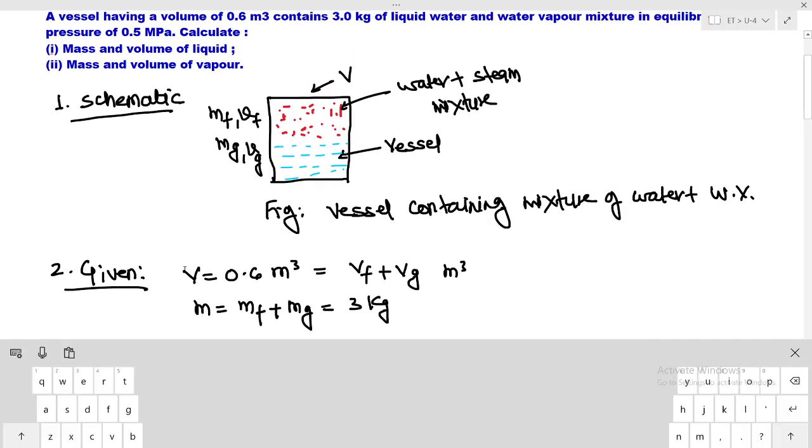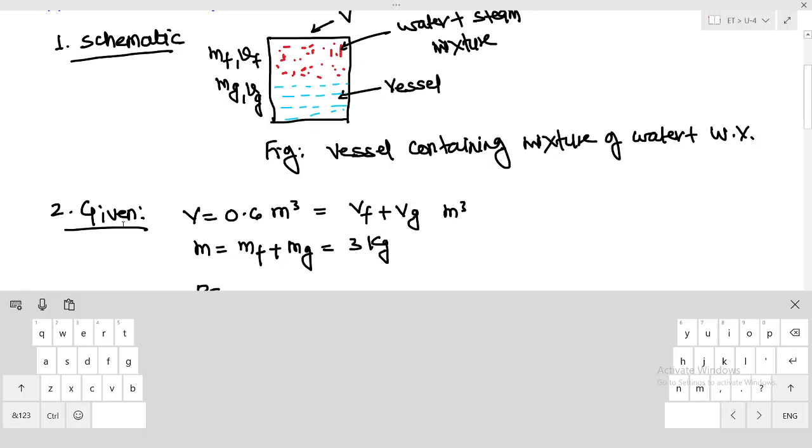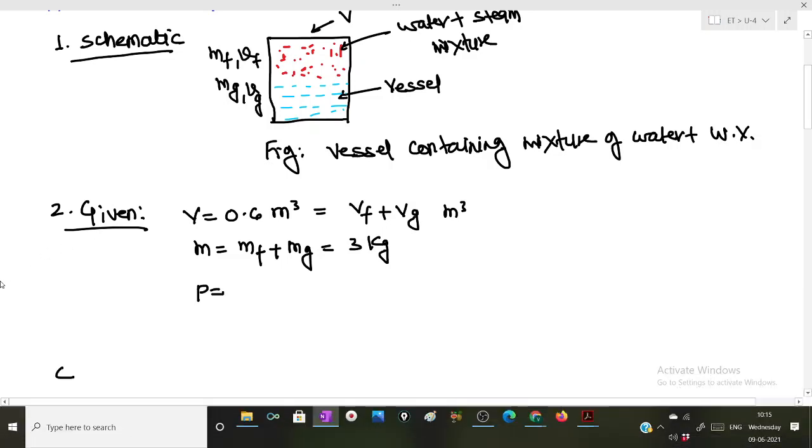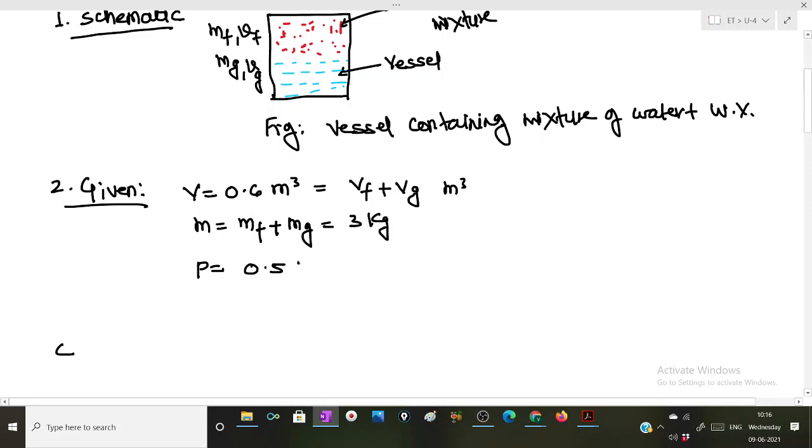Let me check what is the pressure. 0.5 megapascal. So 0.5 megapascal will be equal to 5 bar.